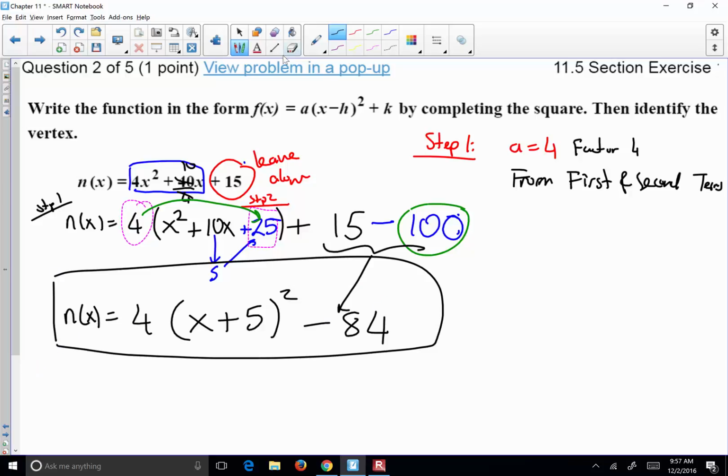Yeah, it should be 5. My 4s look like 5s sometimes, or 5s look like 4s. Alright. So read the vertex. That's it. We're done. What is the vertex here? Vertex. Yes, thank you.